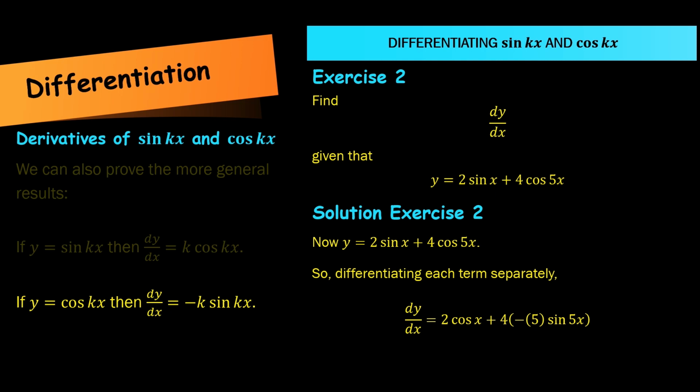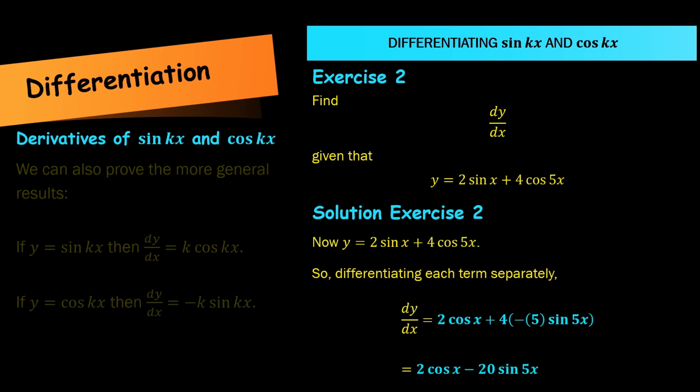We work that out by applying k equals 5 to the formula for the differential of cos kx, as shown here, to give us the term 4 times minus 5 sin 5x. And so tidying up gives us that dy/dx equals 2 cos x minus 20 sin 5x.